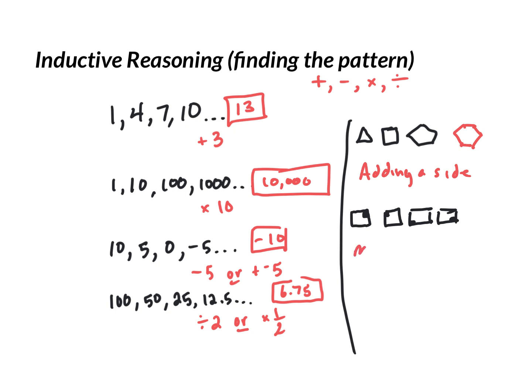You're just moving the shaded corner counterclockwise every time. So I would say the next pattern would be putting it back up in here. So it's not always going to be numbers, although most of what we will probably talk about in math is numbers, you certainly could also do this with shapes, and in geometry that would be pretty common.